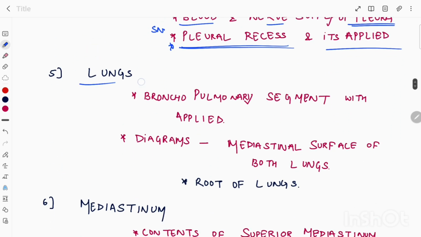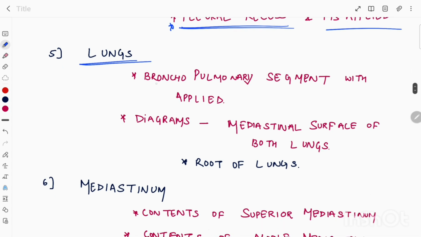Question. If we see the lungs, no direct question comes on the lung, like describe the right lung or left lung. Instead, a question comes on the bronchopulmonary segments of both the lungs, and they're applied also. So it's a very important question, bronchopulmonary segments.